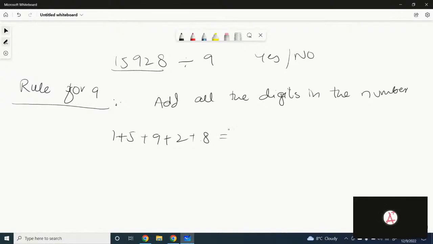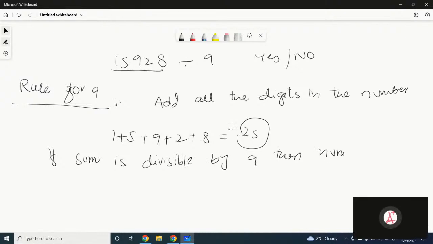Add 8 and 2, 10, 10 and 9, 19, and 1 is 20, and 5 is 25. Just look at the sum. If the sum is divisible by 9, then the number is divisible by 9. Got it?